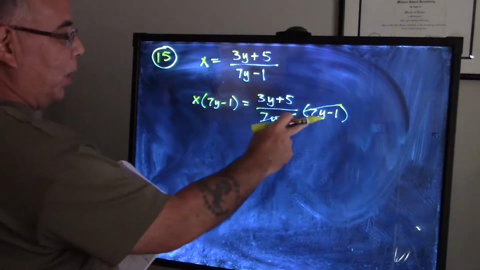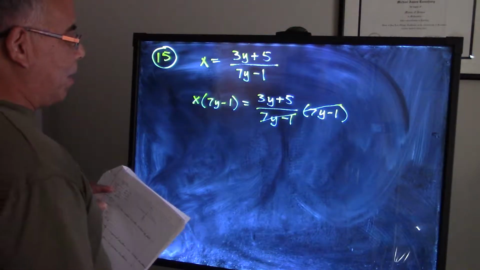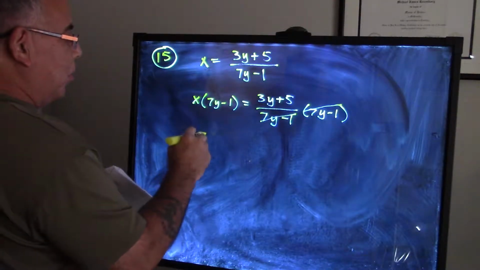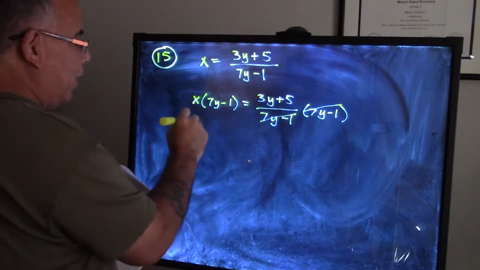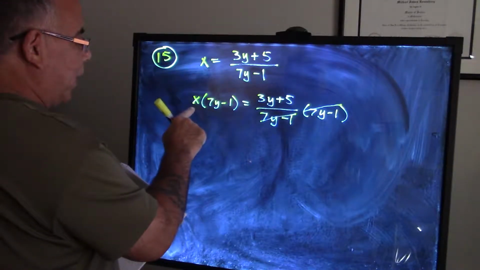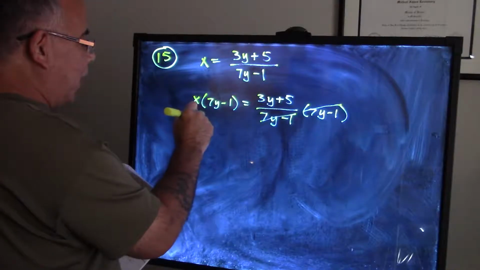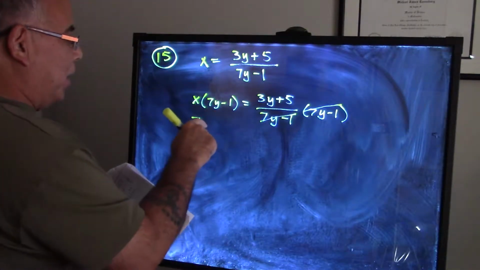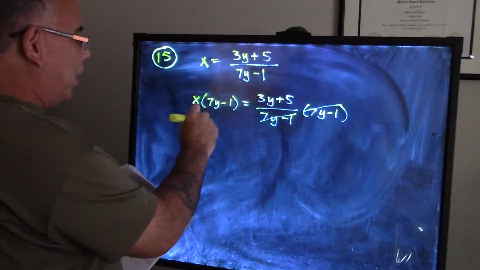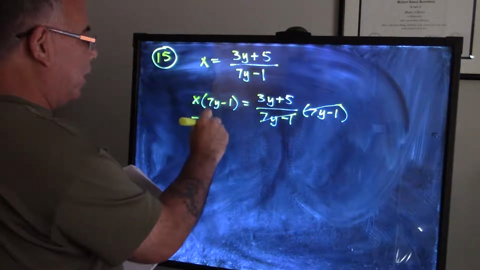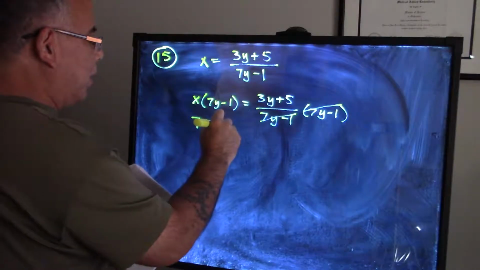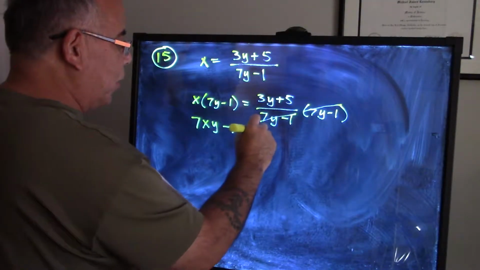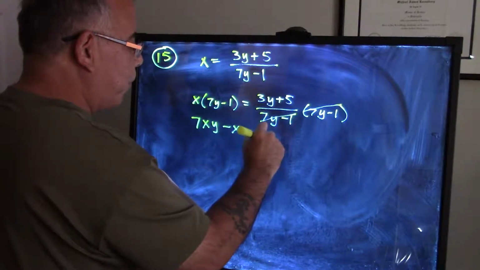So what you have is 1 times 3y plus 5 equals 3y plus 5. Alright, now I'm going to distribute this through the x here. x times 7y is 7xy, or 7yx, but multiplication is commutative, so I can make it 7xy. It's equivalent. Minus 1 times x is minus x, equals, now we just have the 3y plus 5.